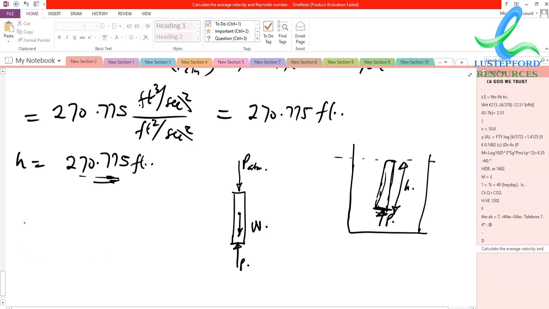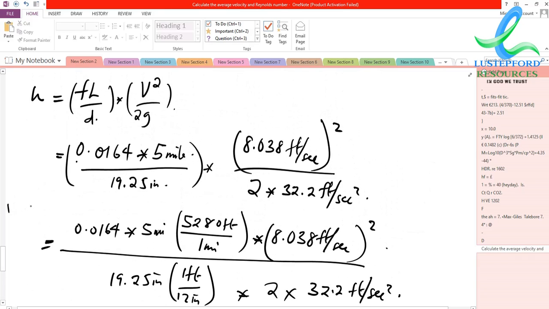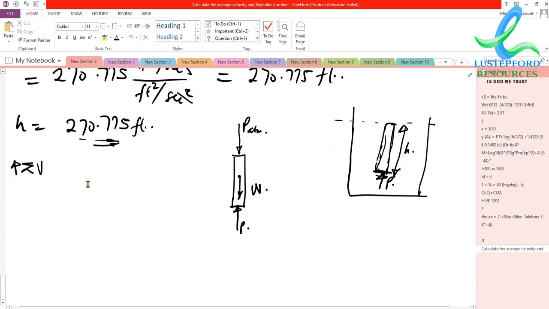When you sum the vertical forces, the sum is equal to 0, because it's in equilibrium, so the fluid is not in motion.